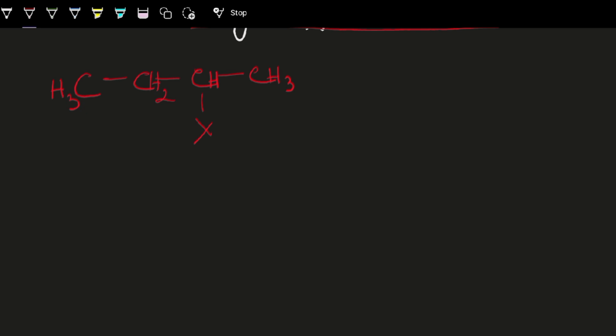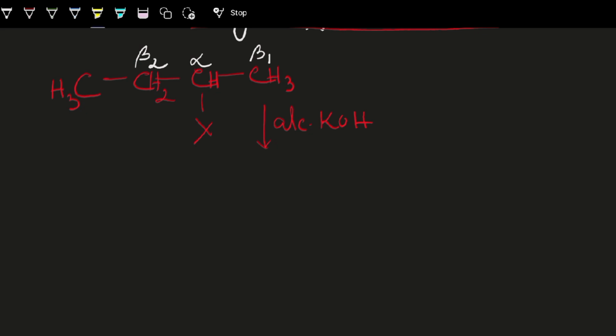This is the compound. To this we have given alcoholic KOH. Obviously it is acting as a base. So let us see how many types of beta hydrogen are there. That is our first work. If CX bond we see and the carbon that is having halogen is alpha, then this is your beta carbon and this is also your beta carbon, but both are not identical. So if I consider one to be beta 1, the other will be beta 2.